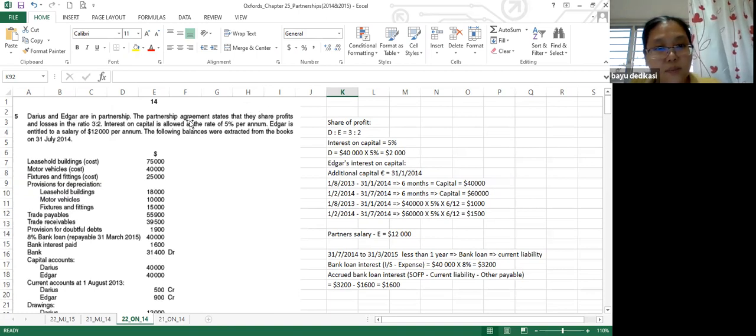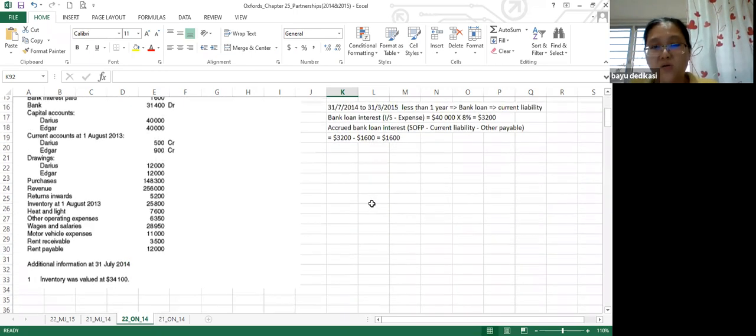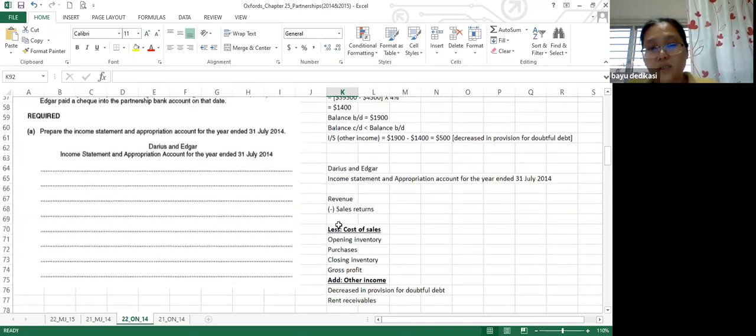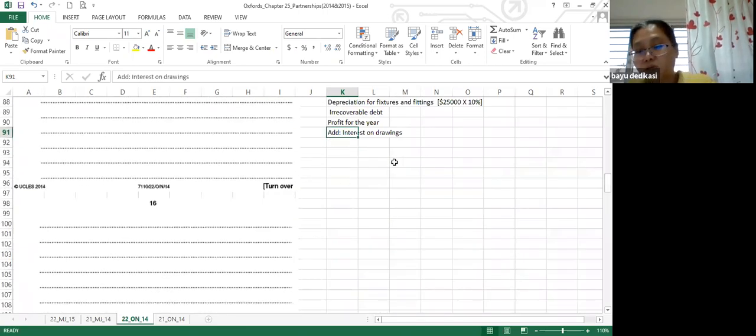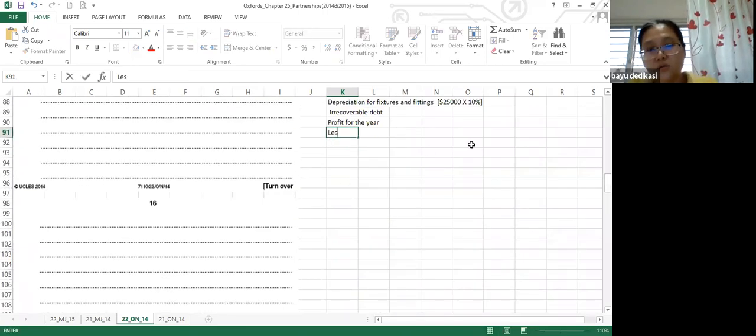Okay, this question doesn't have interest on drawing. They didn't mention it at all. So in this case, interest on drawing is 0. We don't need to put this on because there is no information. We go straight to less interest on capital.